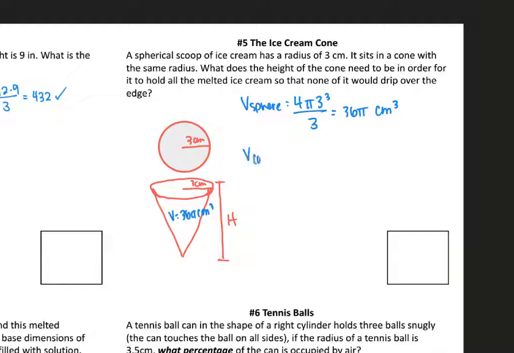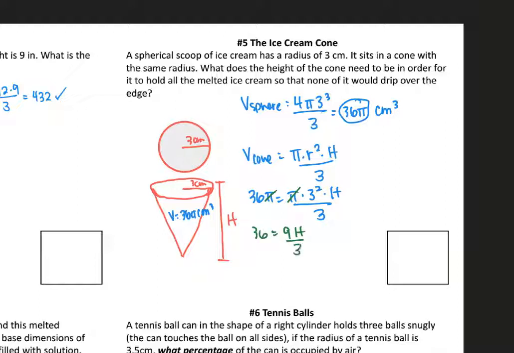So the volume of a cone we know is pi times the radius squared times the height divided by 3. So filling in this volume here, it's going to be 36 pi equals pi times the radius, which is 3, squared, times the height divided by 3. Well, since we have pi on both sides, we can divide by pi. They basically cancel out. So then what we're left with is 36 equals 3 squared, which is 9, and then we can divide here. 9 divided by 3 is 3.